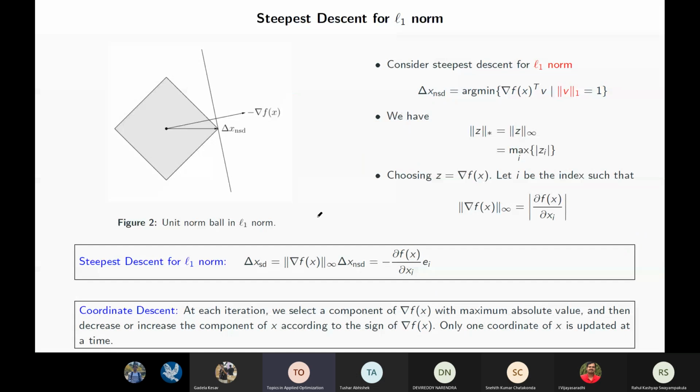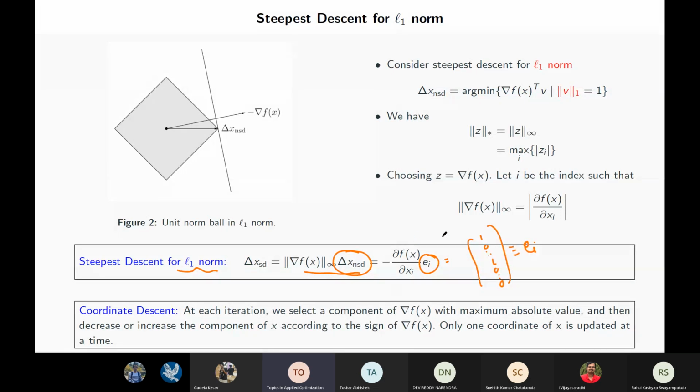So in steepest descent for the L1 norm, we can put all this data directly here. The normalized direction is the axis where I am going the larger, and that is the ith axis. So that's why this is 0, 0, 1 at position i, and then 0, 0, 0.